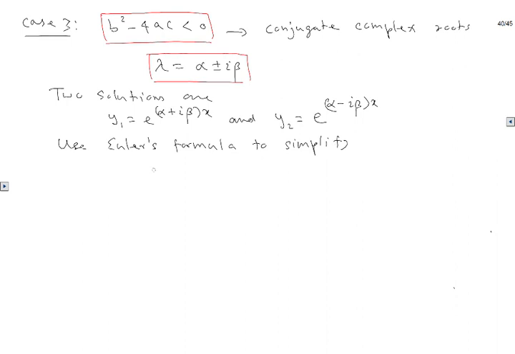So what's Euler's formula? It is e to the i theta equals cosine theta plus i sine theta. So let's use that. So let's write the general solution.